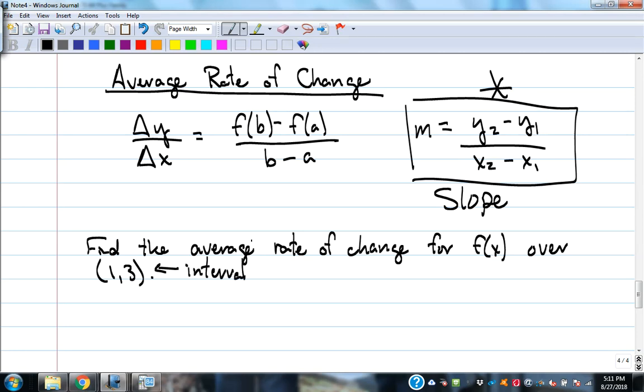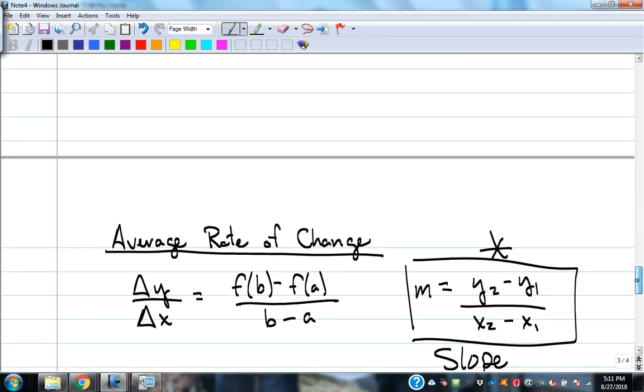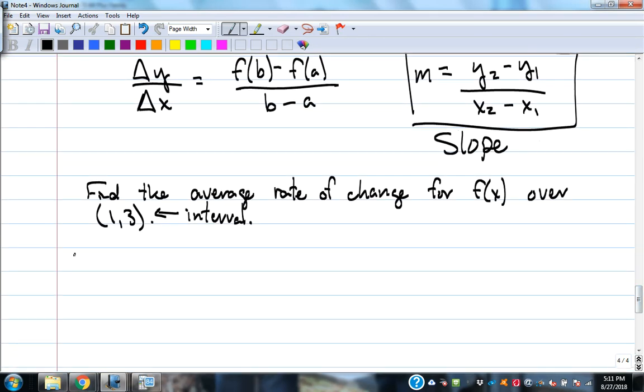They won't tell you it's an interval, but they mean it's an interval. Okay? We're on, I think that's a G. What do you say? Okay. Here's our f of x. That's our function. They want to know what the average rate of change over this interval is for that function.